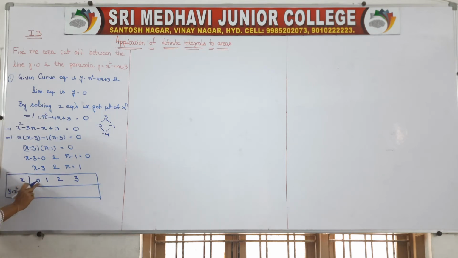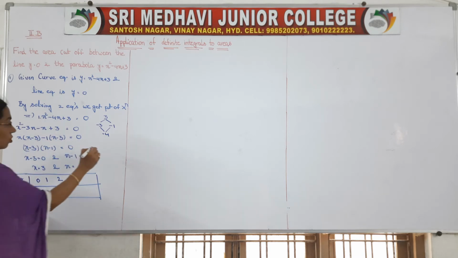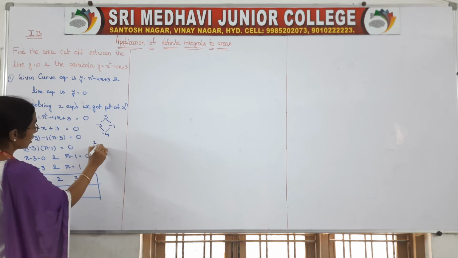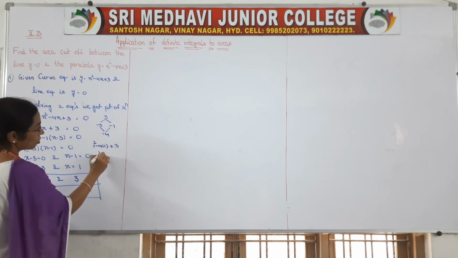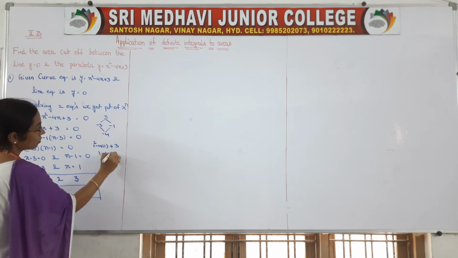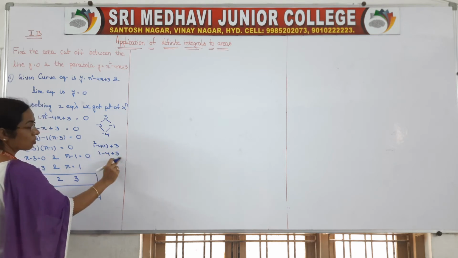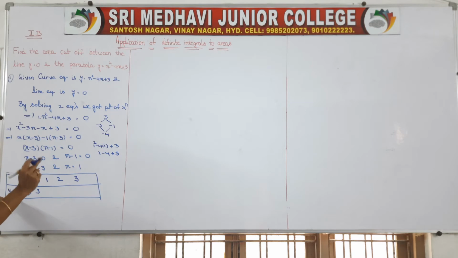First x is equal to 0: 0 square minus 4 into 0, plus 3. So it is 3. Next 1: 1 square minus 4 into 1 plus 3, so it is 1 minus 4 plus 3. So 1 plus 3, 4. 4 minus 4, 0.